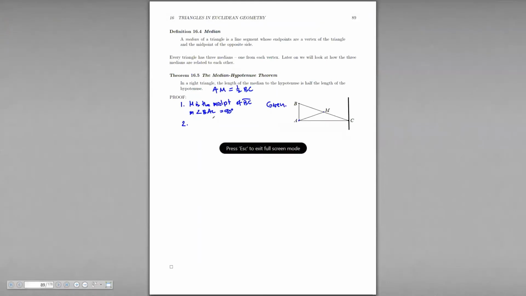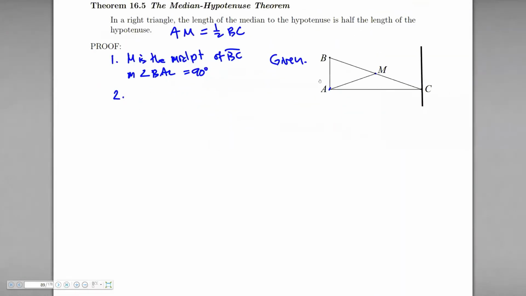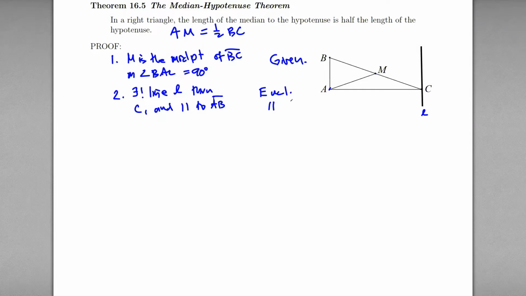There exists a unique line, we'll call it L, that goes through C and is parallel to AB. So this is line L, and we get this from the Euclidean parallel postulate. Excellent.